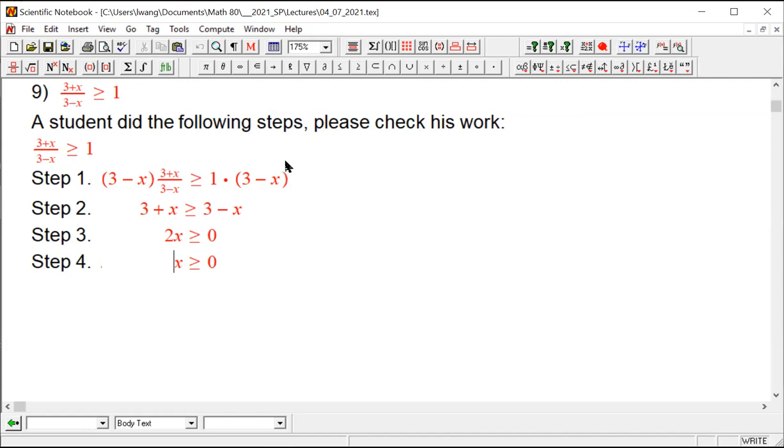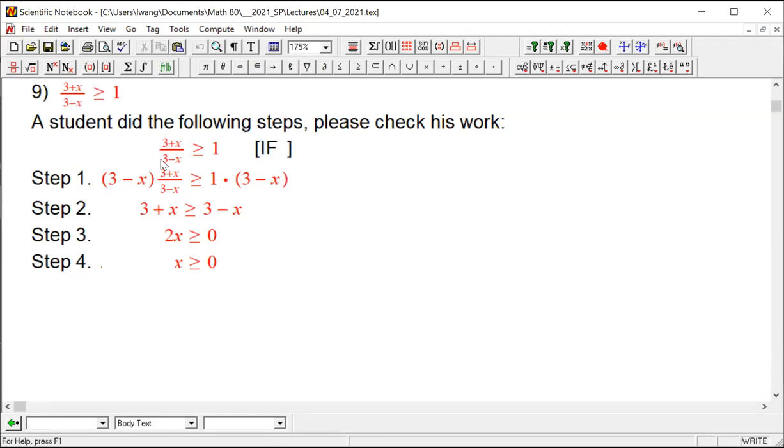Step 1, 2, 3, 4. If this is true, of course, this is an if statement again. This is still an if statement. Don't forget, read it as an if statement.